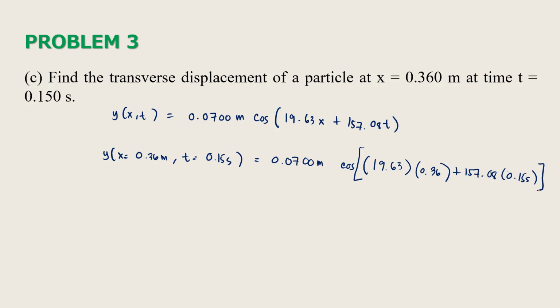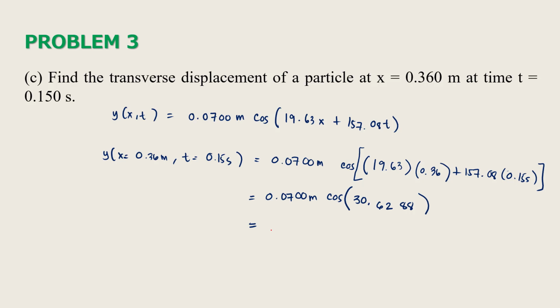Alright, so evaluating, we have 0.07 and this is 30.6288. Now take note that when evaluating this one, we have to use the radians mode of our calculator.